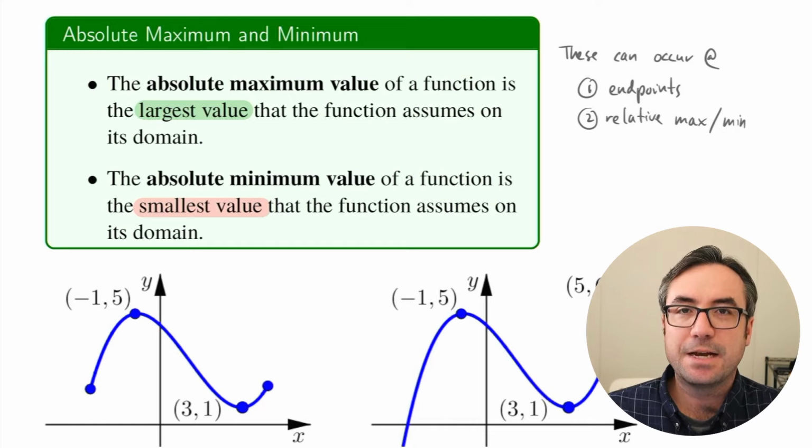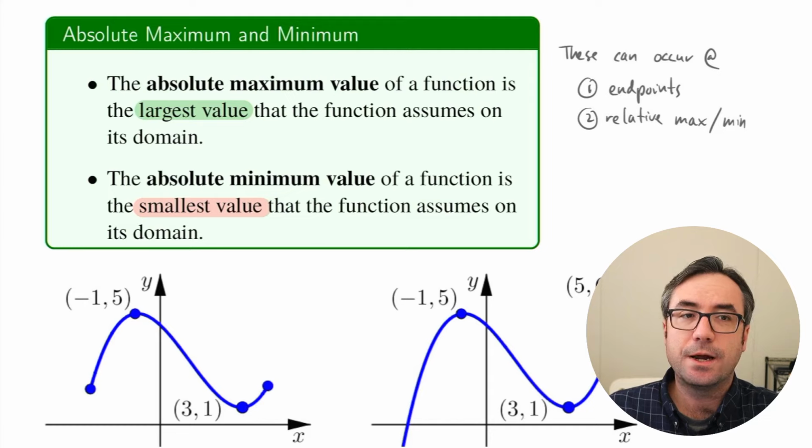Those are the two places where these absolute high points or low points can occur: either at endpoints or at our local maxes and mins.